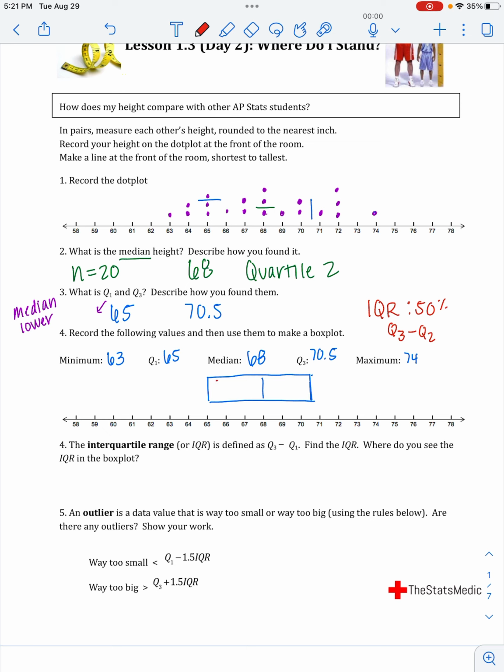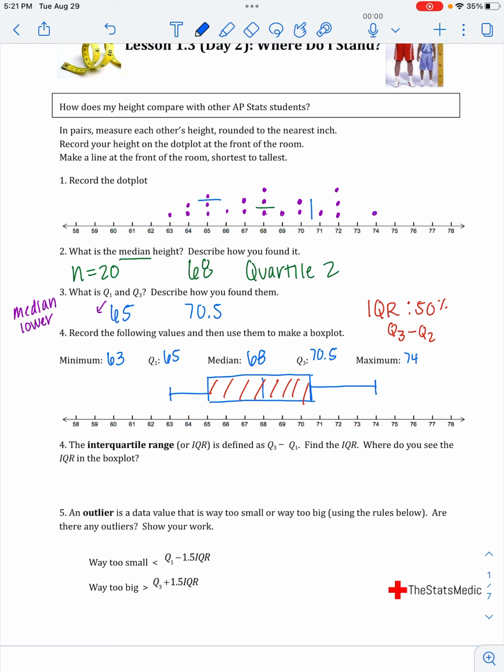That is what goes inside the box. So all of that, don't draw inside the box. I'm just showing you where that is. Okay, and then you're going to draw your whiskers out to your min and your max. My minimum is 63, so I draw my whisker out to 63. And my maximum is 74, so I draw my other whisker out to 74.